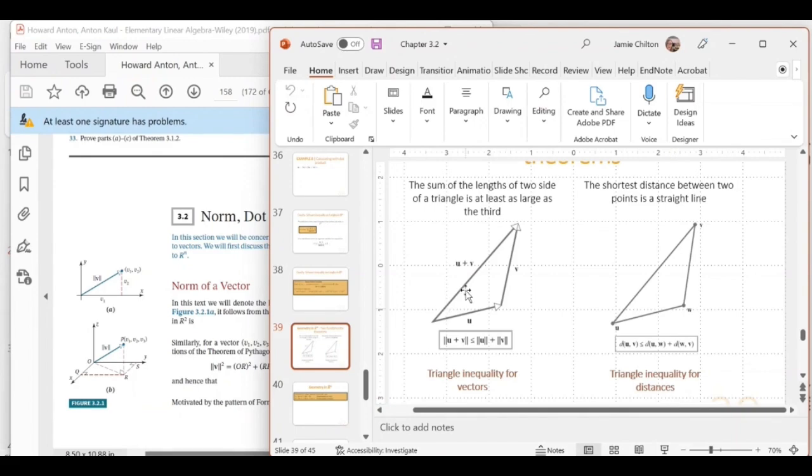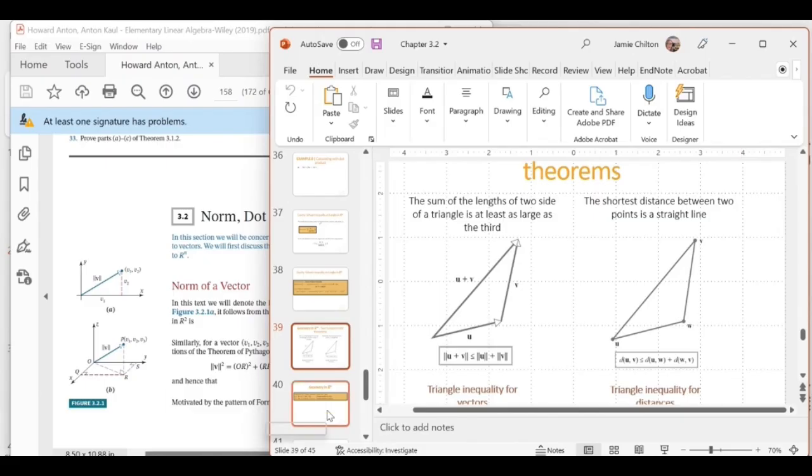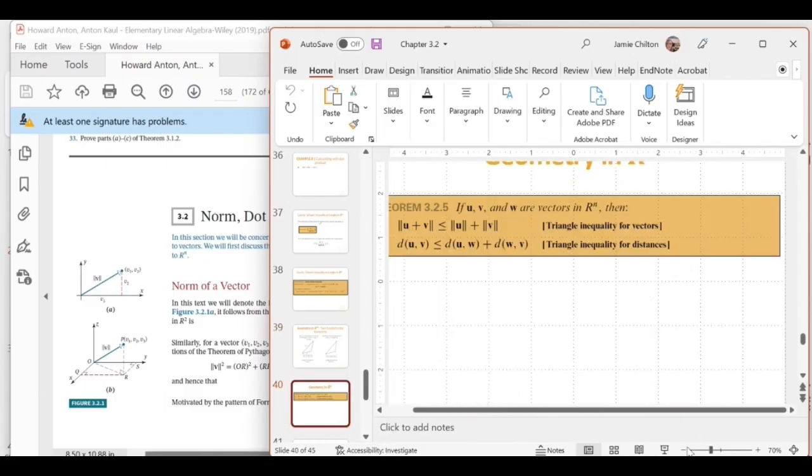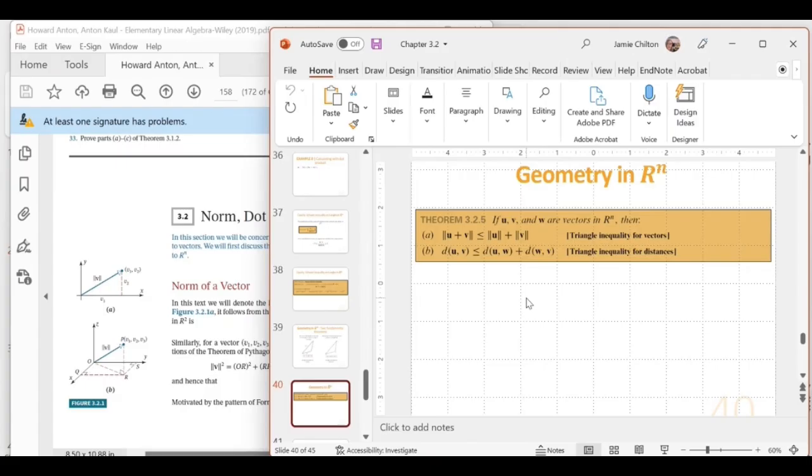In this first one, we've specified that these are vectors, so we're looking at the norms, because we're just looking at the magnitude or length, not reporting direction. And this is the inequality for distances between points. It's nicely written up for you in theorem 3.2.5, so you want to check that out.